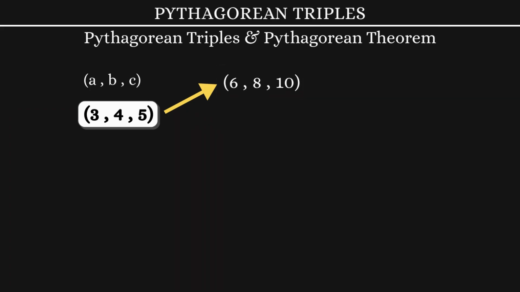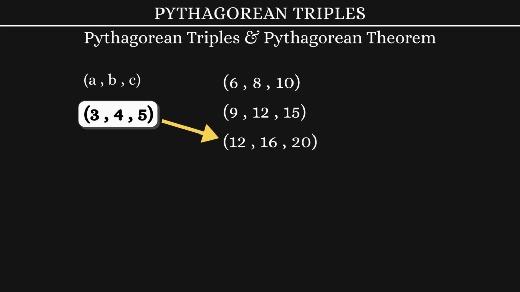In the same way, you can multiply it by 3 to get 9, 12 and 15. With 4, we get 12, 16 and 20. This can go on.